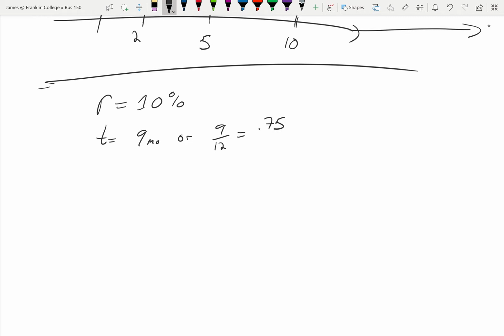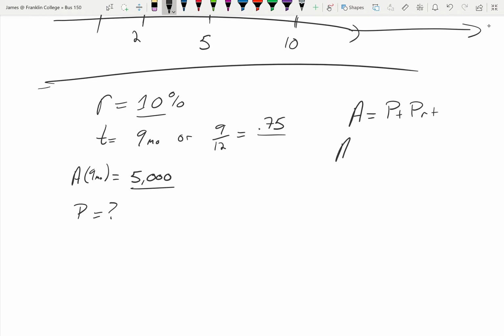And we want to know, at the end of 9 months, we want $5,000 in the account, and we are interested in how much money we would have to invest at the beginning of the time period to make sure that we have $5,000 at the end, given that we're going to invest this money for 9 months at a simple interest rate of 10%. So we're going to use our equation, A equals P plus PRT.